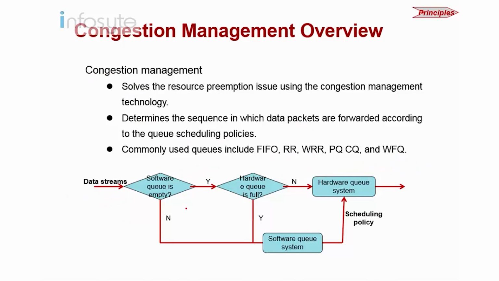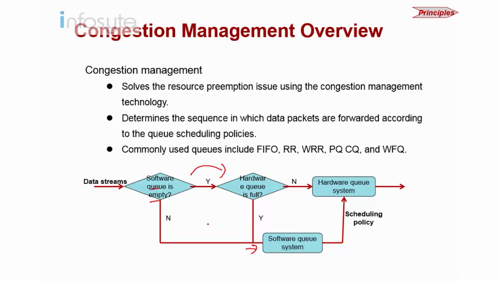Now assuming that the congestions actually occur. Okay, first there is a software queue here that checks whether it's empty or not. So if it's not empty, then you are going to queue based on the software. Alright, so if let's say the queue is empty, then it will check whether your hardware queue is empty.